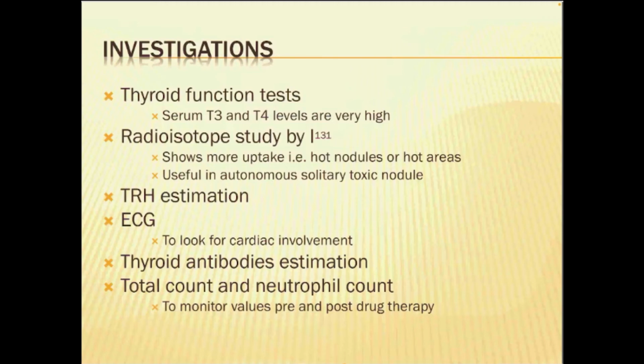Being a radioisotope, it releases radiation which can be captured by imaging. This is used for diagnosing an autonomous solitary toxic nodule which is impalpable. Also TRH estimation, ECG for cardiac abnormalities, thyroid antibodies estimation for Graves' disease, and total count and neutrophil count are done.